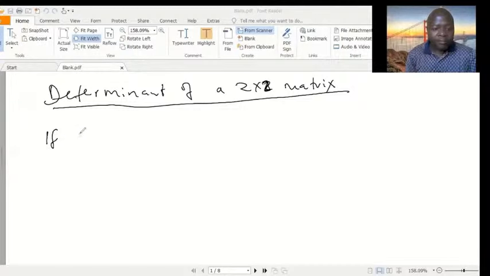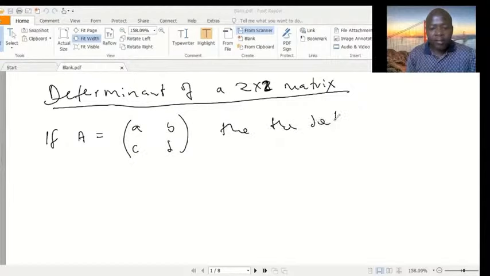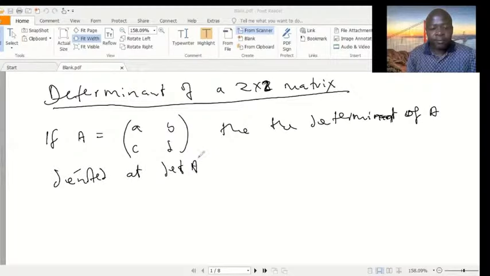Now, if A is a matrix a, b, c, d, then the determinant of A, denoted as |A|, will just be the product of this diagonal here, which is ad, minus the product of this other diagonal, which is bc.